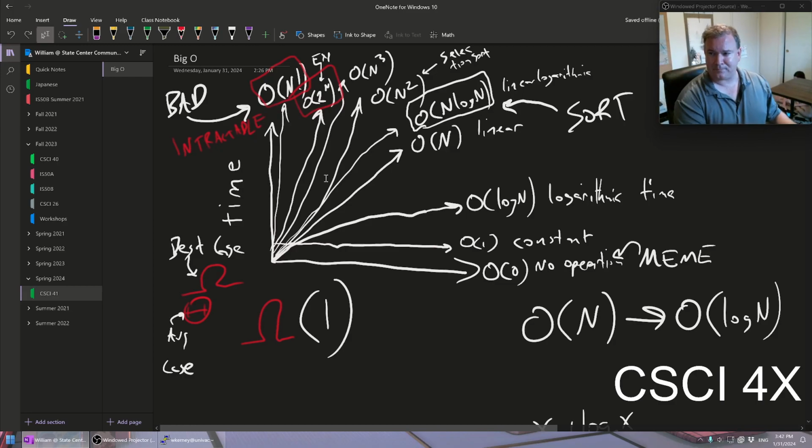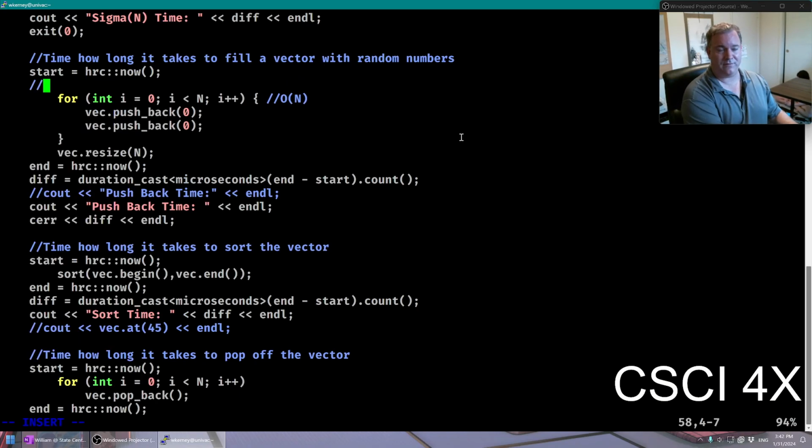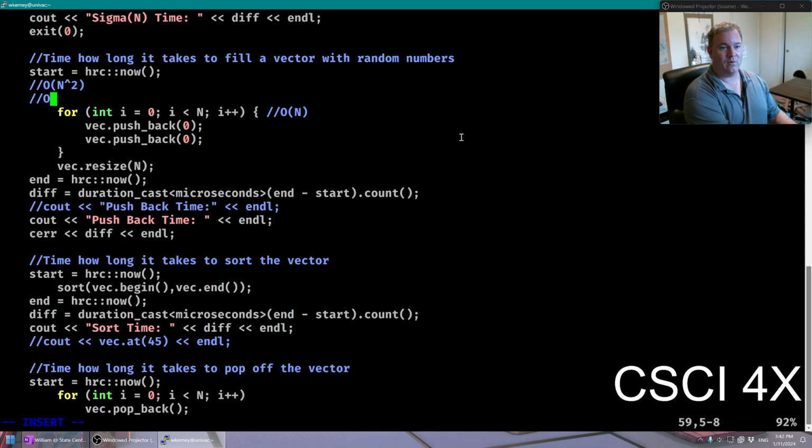Because think about it. If you had 2 different bits of code, one ran in order n squared time, and one of them ran in order n squared plus 5 time.